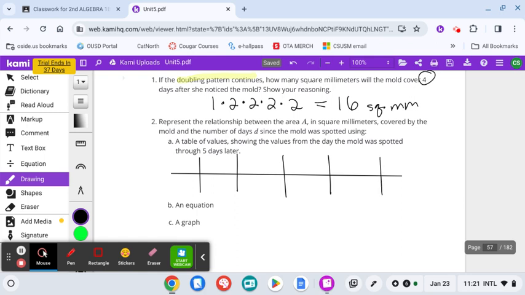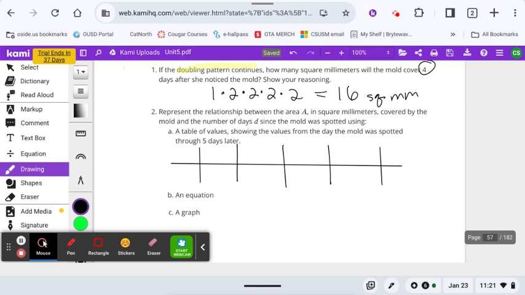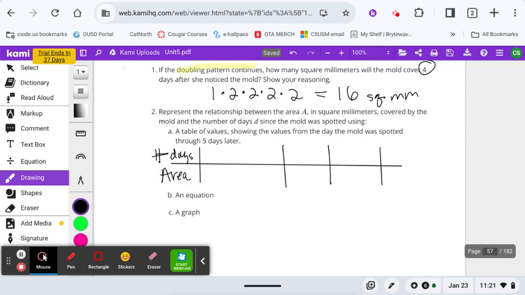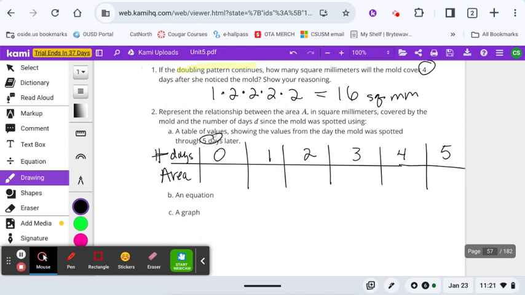Okay, so right here on this axis, we've got the number of days, D, and down here we have the area of the mold. We're starting with time 0, 1, 2, 3, 4, and it wants us to go out to 5 days later.